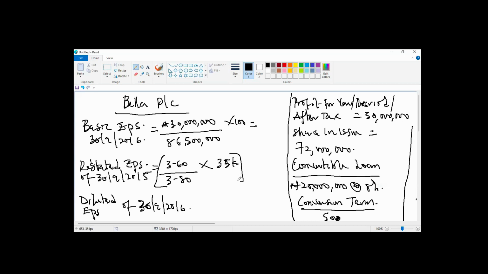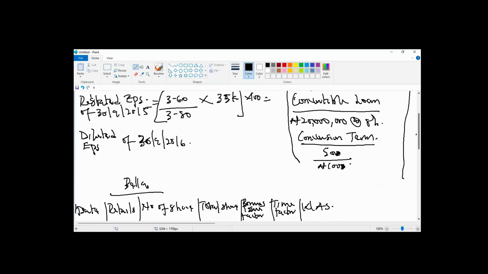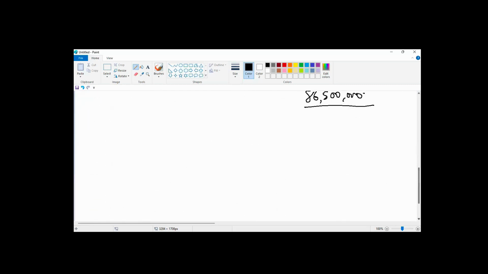Or multiply them for the dilution, 20 million. I need to determine the earnings. We have 20 million times the interest rate.